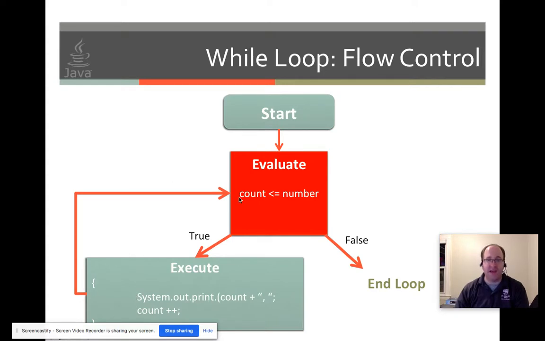If it's true, execute again, do these things, go back to the top, and keep looping until count is no longer less than or equal to whatever number we set, and then finally get out of the loop. End, stop running. When the loop finally finishes, it would then go to the next line in the program underneath the loop and just continue working down.